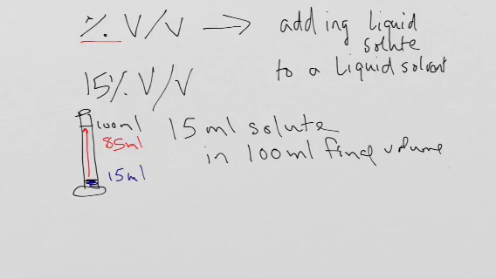So in percent volume over volume, what they're saying is in a 100 milliliter solution, 15 of those milliliters are that substance you're looking for. The other 85 are just regular solvent.